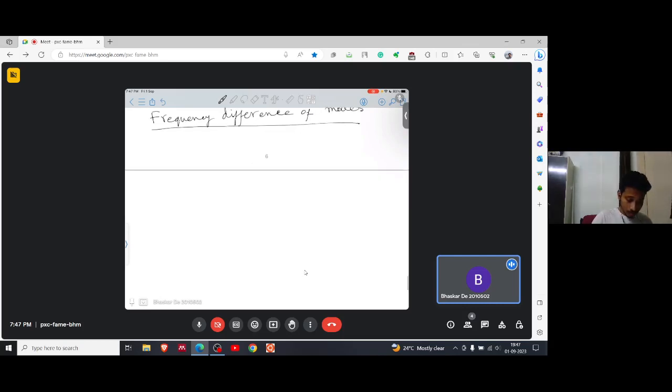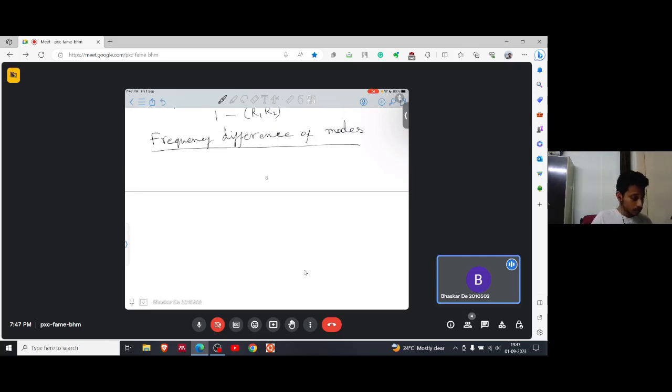To obtain the frequency difference between modes, we will start from the equation phi max equal to 2n pi equal to 4 pi by lambda naught d cos theta plus phi r.